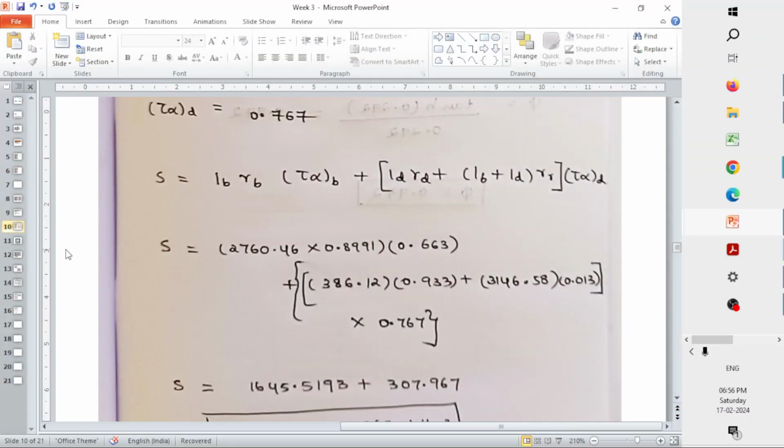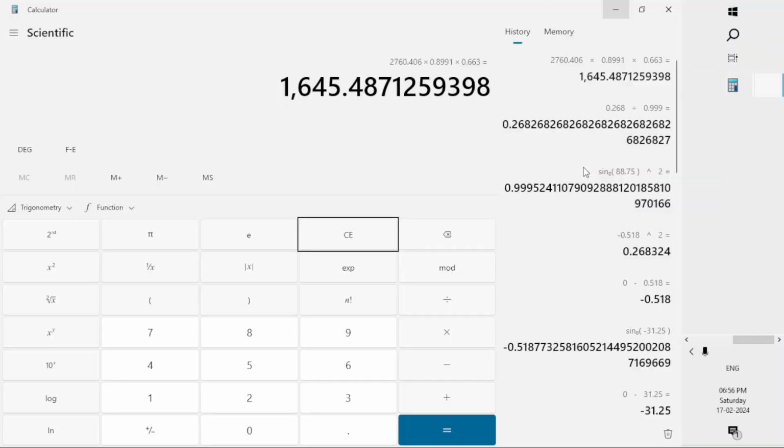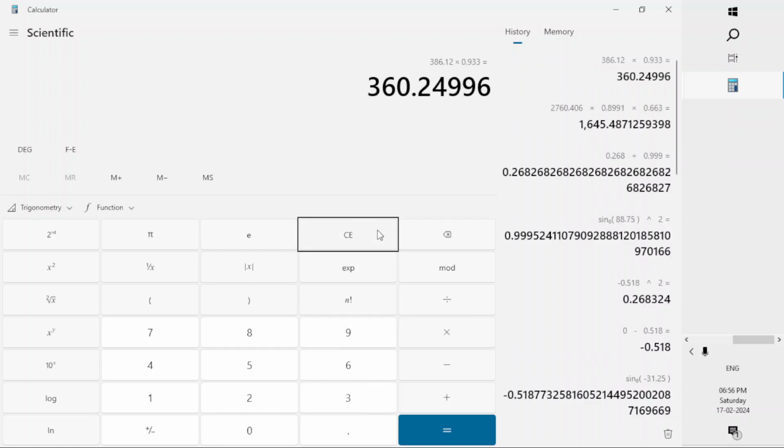1645.487, this particular term 164.513, plus now this one calculation, ID RD. ID is 386.12 times 0.933, plus reflective radius 360.24.